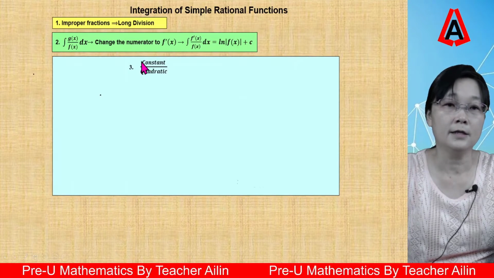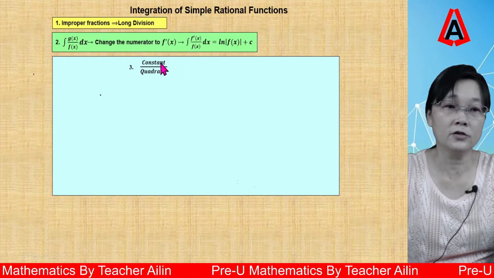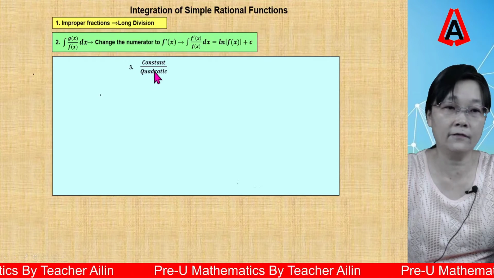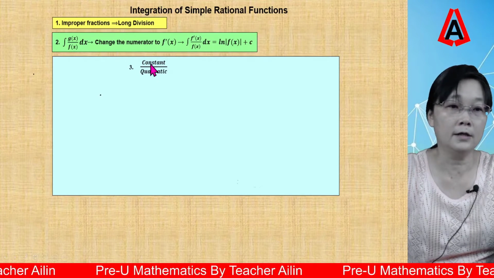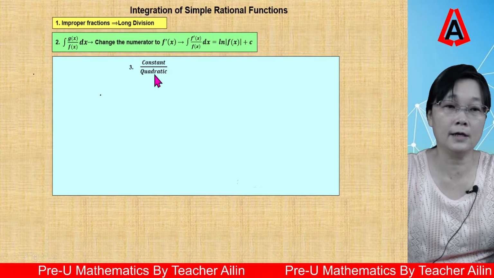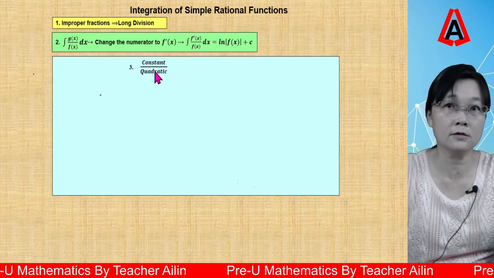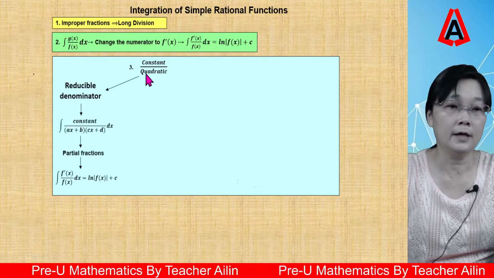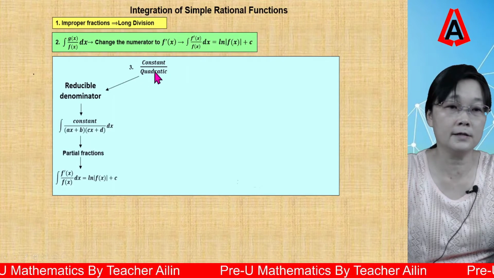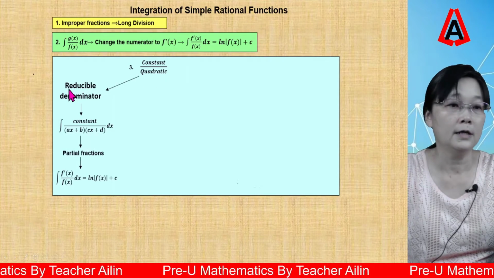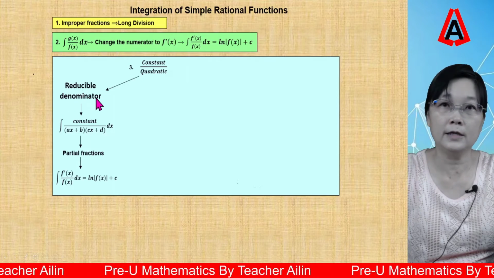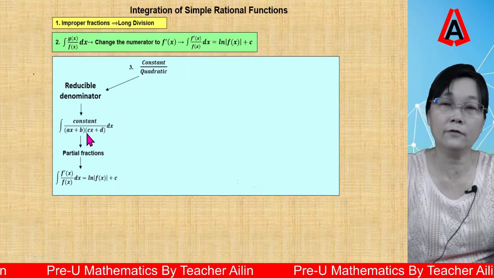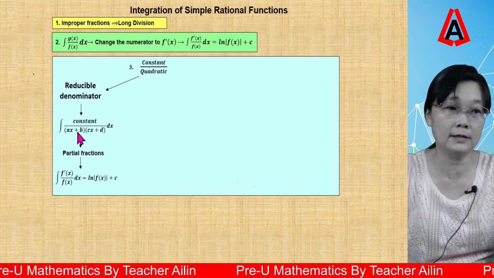That is, if the rational function is in this form, where the numerator is constant and the denominator is quadratic, then we try to factorize the denominator. Reducible denominator means we are able to factorize the denominator.